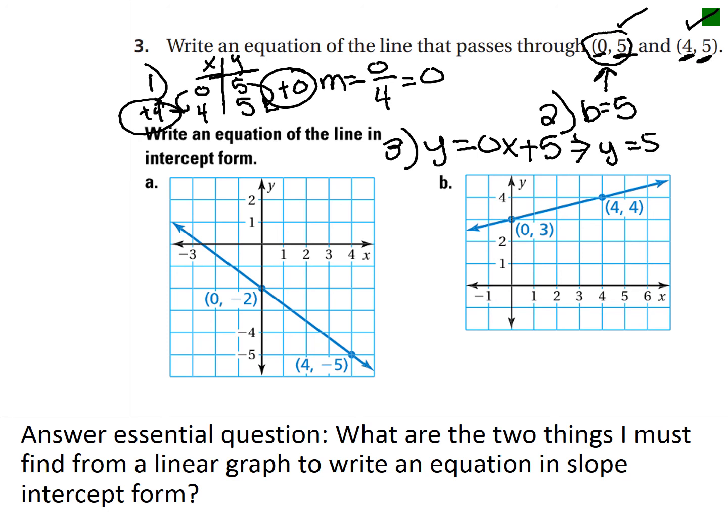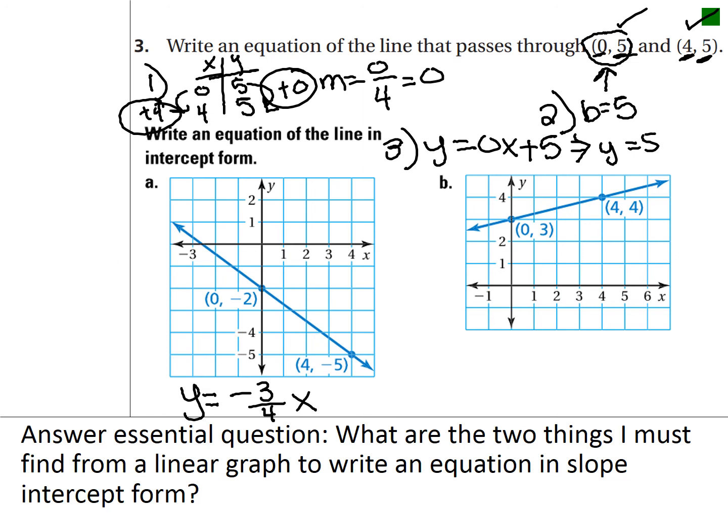You made the equation. What I need you guys to do now is pause your video and try A and B on your own. And when you're ready to go over your answers, resume and I will tell you the correct equation. All right, guys, thank you for pausing this video. For A, you should have that y equals, the slope is down 3, and to the right 4, leave it like that.